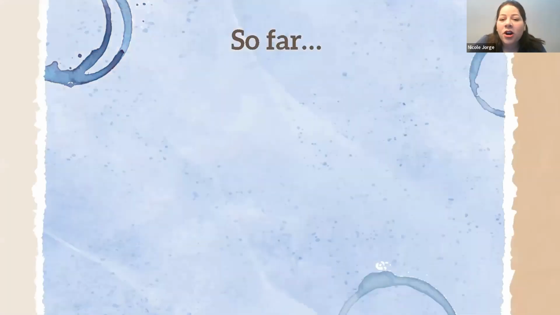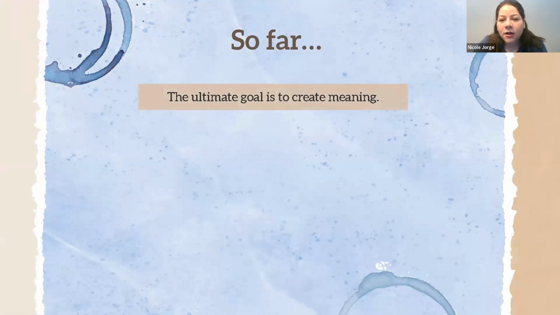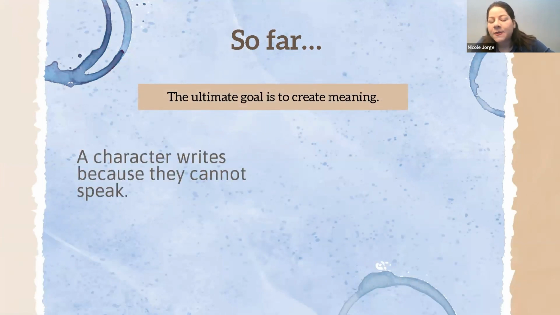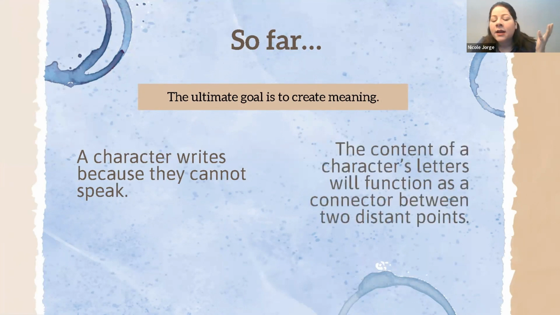All right, so far, I've mentioned that the ultimate goal is to create meaning. And because I know it sounds very abstract, I went into it like, all right, a character writes because they cannot speak. And our job is to figure out, why can't they speak? What is the source of their absence? And how does that absence impact them? Then the content of a character's letters will function as a connector between two distant points.